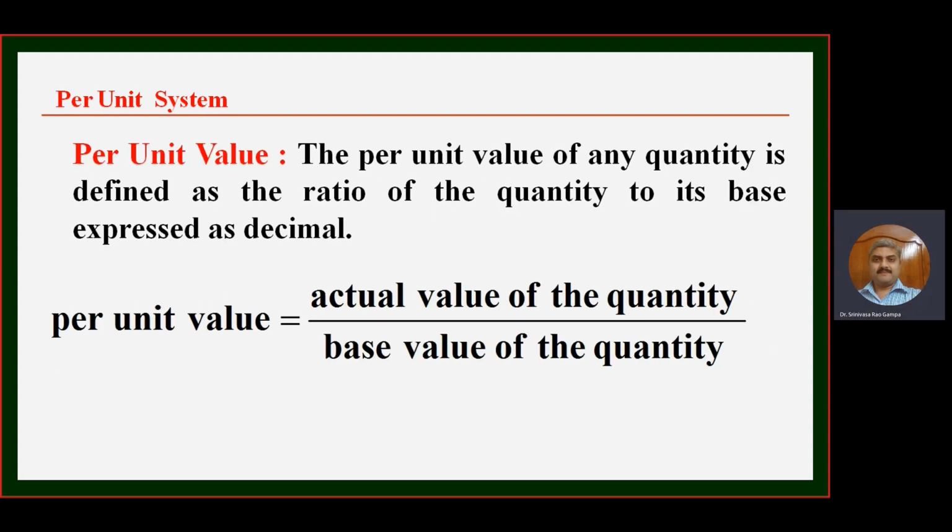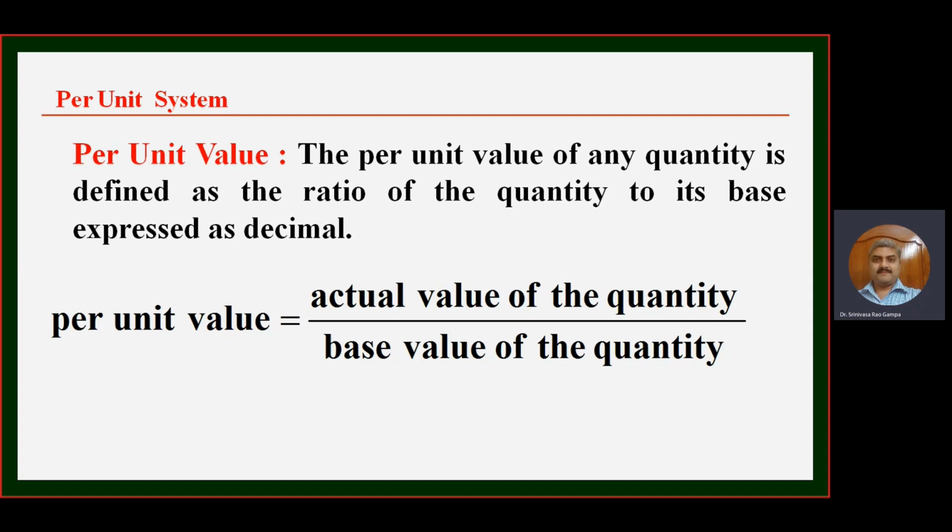The per unit value is defined like this. The per unit value of any quantity is defined as the ratio of the quantity to its base, expressed as a decimal. So the per unit value is equal to the actual value of the quantity divided by the base value of the quantity.